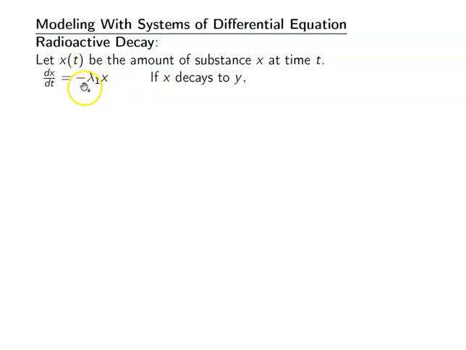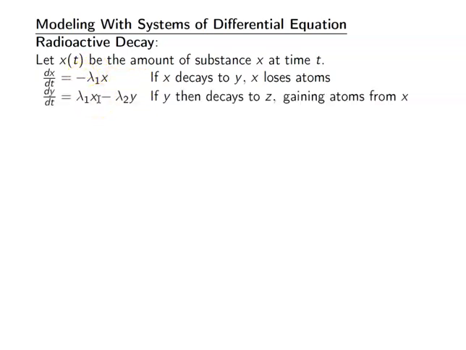So here what we're saying is that x is decaying. Okay, if we say that it decays and turns into a new substance, y, then x is losing atoms. That's why we have a negative constant multiple. Okay, the rate of change of y is gaining atoms from x. Okay, so it's positive here.